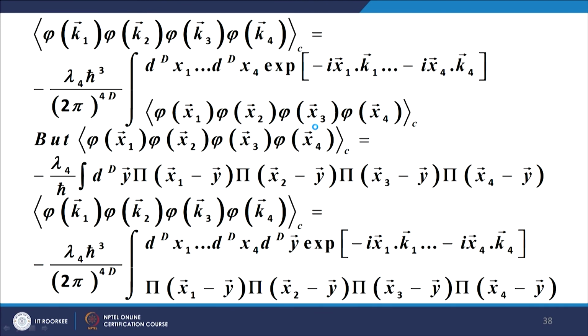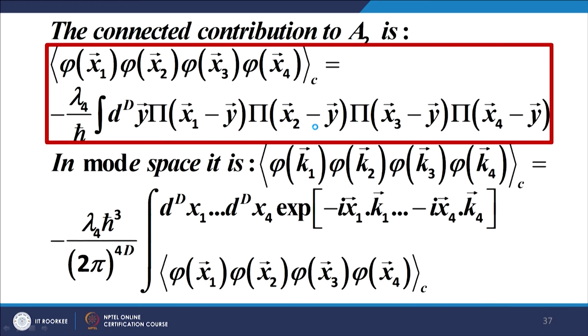Now, this is what we have from the previous equation. The expected value of phi x1, phi x2, phi x3, phi x4 in terms of the propagator we have already seen in the previous slide. Here it is, the equation in the red box.